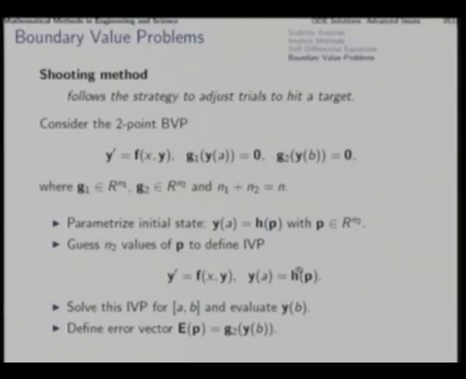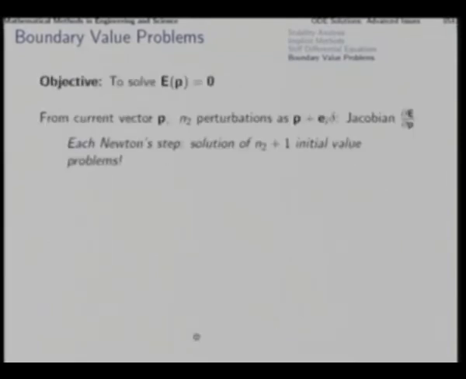Now, this initial value problem can be solved over the interval a to b, and we can evaluate y of b, and then we try to put this y of b into this equation, right, and that will give us n2 equations, which we try to solve. So, error vector is this, and we try to solve E(p) equal to 0.